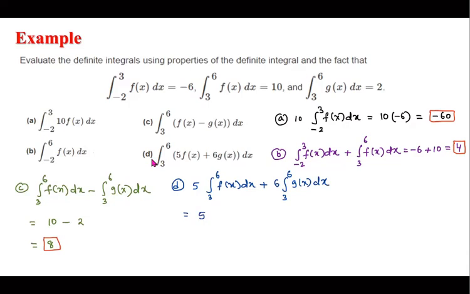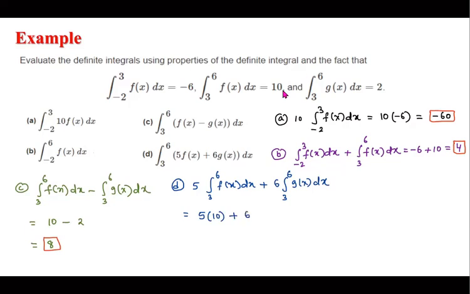That is equal to 5 multiplied by the integral of f of x from 3 up to 6, which is 10. So we can write 5 multiplied by 10.